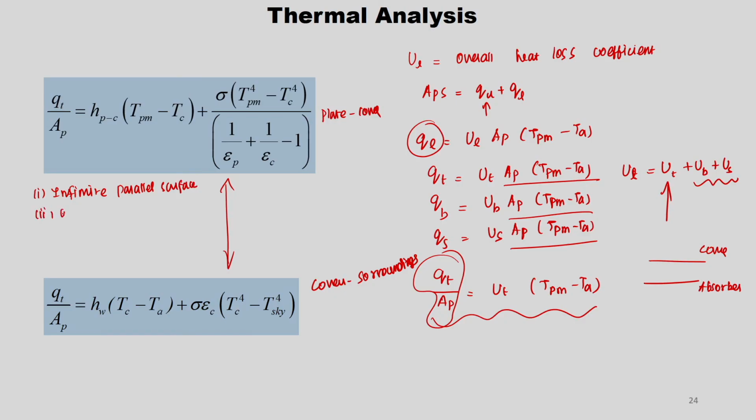The flow of heat is one dimensional and steady. The third assumption is that delta T across the plate thickness is negligible.